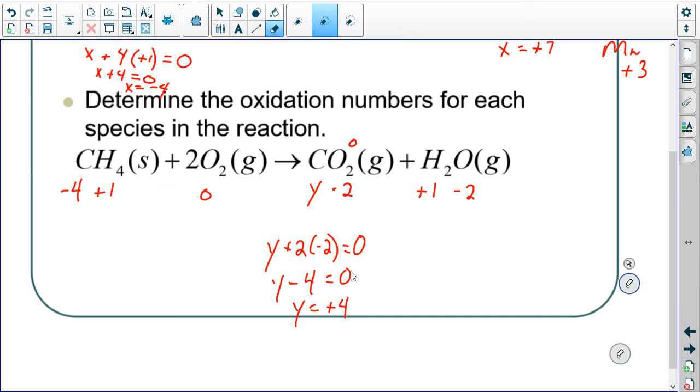So in this case, the carbon has a +4. You notice that the carbon has changed from -4 to +4. What would that mean in terms of electrons? Does it gain or lose when it goes from -4 to +4?